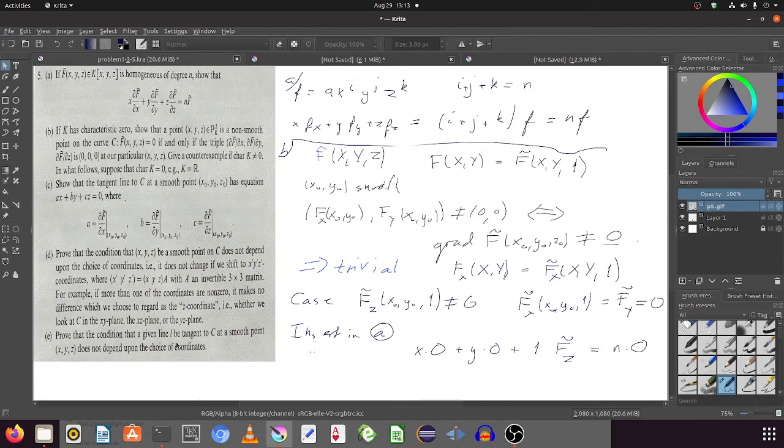But then, of course, couldn't that be different with different coordinates? So it's about the transformation of, what I should say, of this equation.